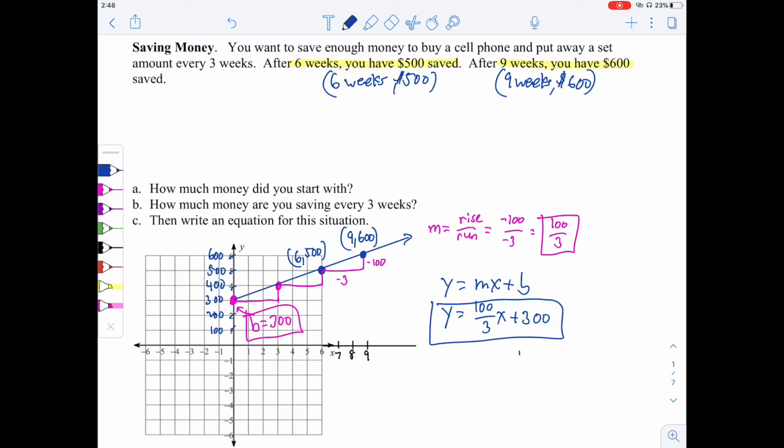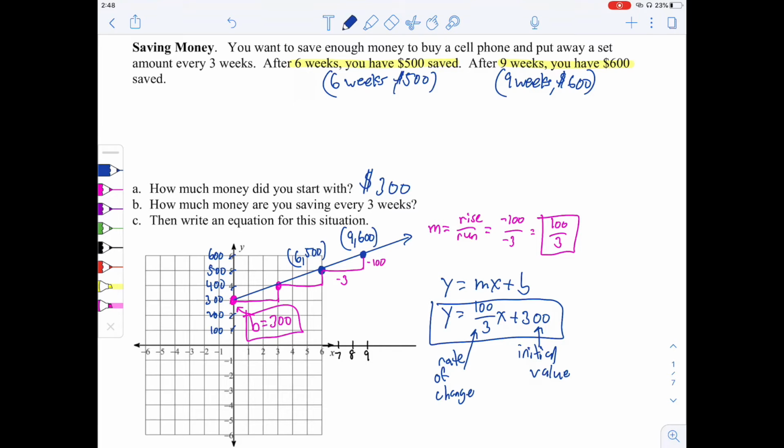So our initial value is 300, and our rate of change is 100 over 3, 100 every 3 weeks. How much money did you start with? You started with the initial value, $300.